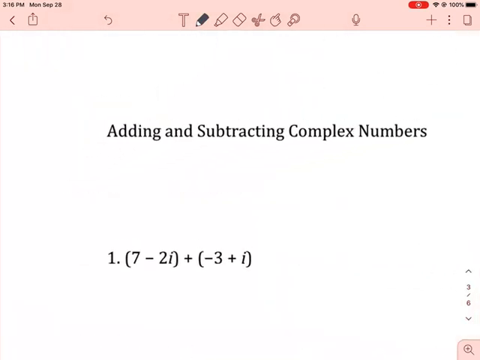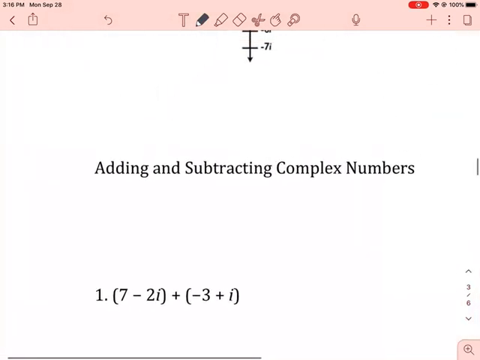All right, so let's put these together. When you're adding and subtracting complex numbers, you're going to add reals with reals and imaginaries with imaginaries.